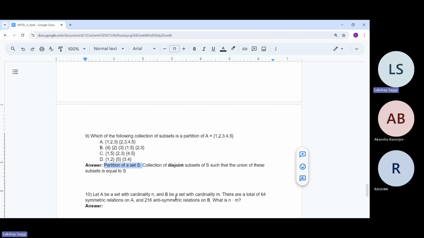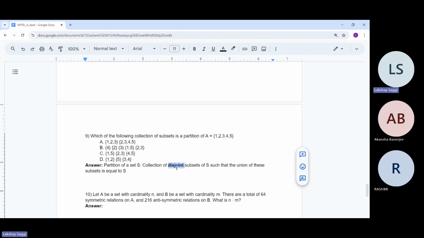You guys may have seen this in the lectures also, but if you have not, I'll still revise the definition: a partition of a set is a collection of disjoint subsets such that the union of these subsets is equal to S. Effectively, the set S needs to be broken down into different subsets. What do we mean by disjoint?